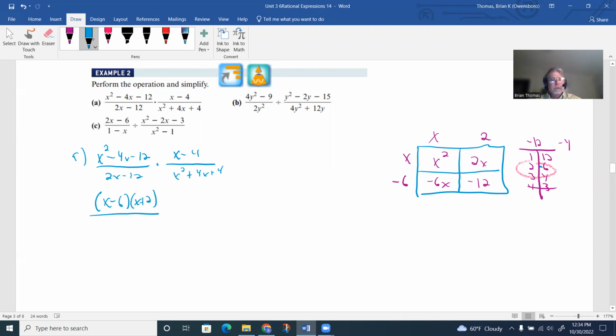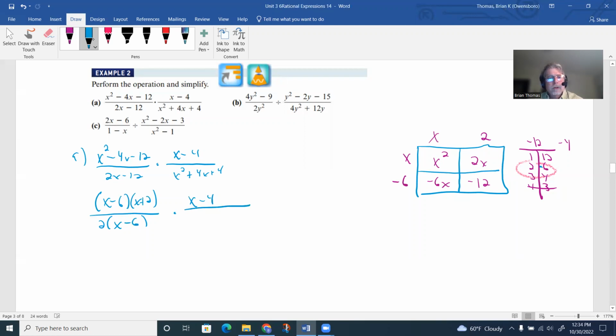On the bottom, 2x plus 12 is not a difference of squares, but it does have a GCF of 2. So I factor that 2 out, and that becomes x minus 6. The x minus 4 is prime; it doesn't factor.